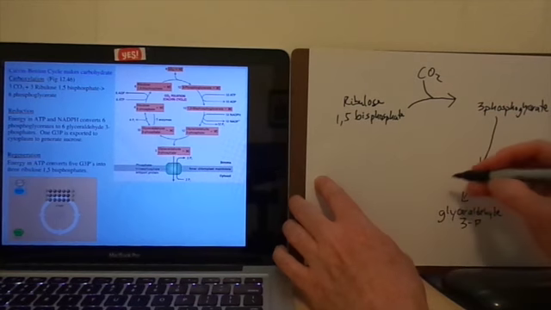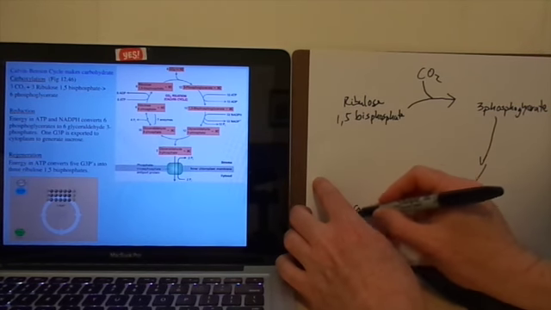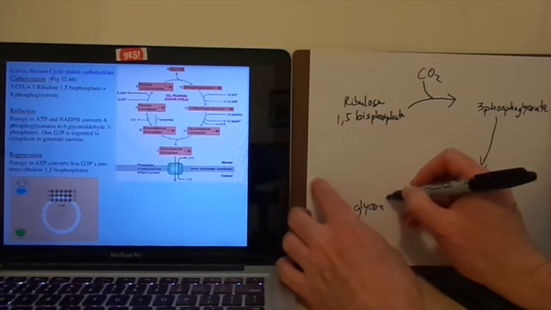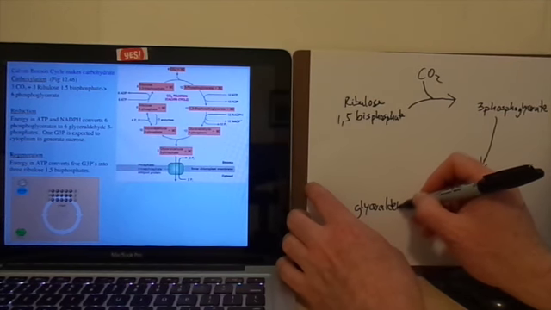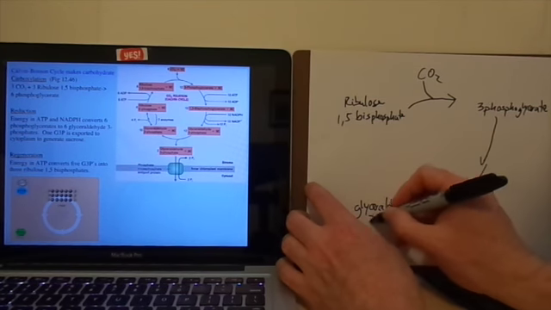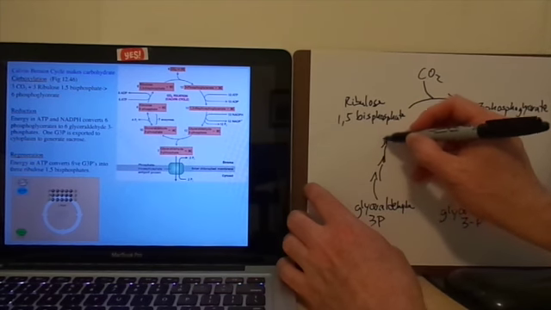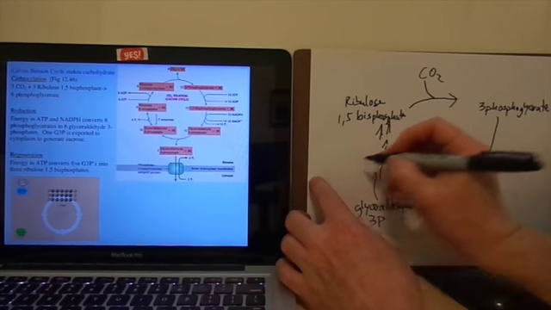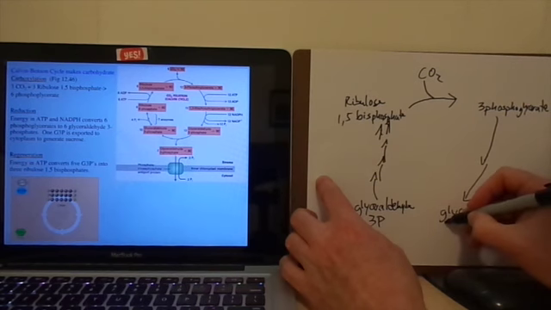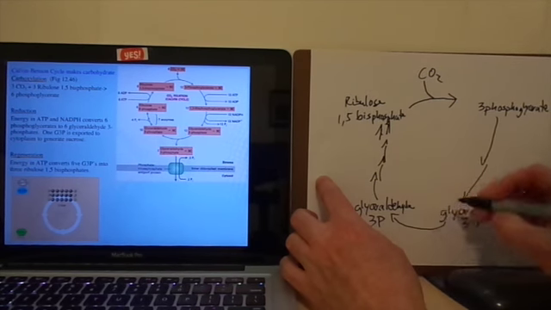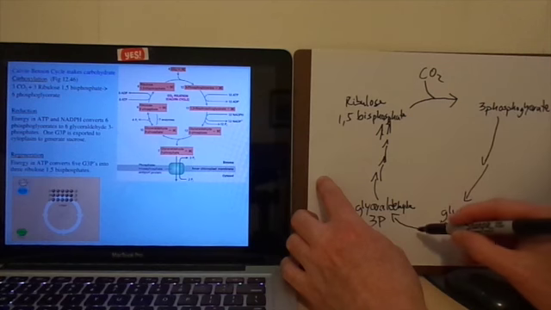All right, and some of the glyceraldehyde 3-phosphate gets used to remake ribulose 1,5-bisphosphate. All right, so there's a bunch of steps here. Now, when you go around like this, not all of it gets remade into RuBP, some of it gets exported.